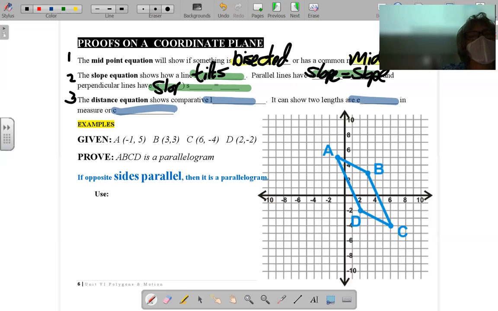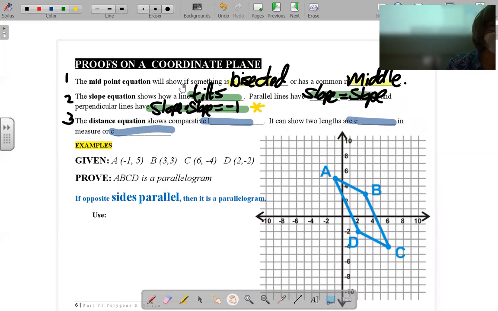Okay, perpendicular lines. The slopes are opposite reciprocal. Slope times slope should equal -1. There is one exception to this rule. Put a little asterisk there, and in the top margin, put an asterisk.